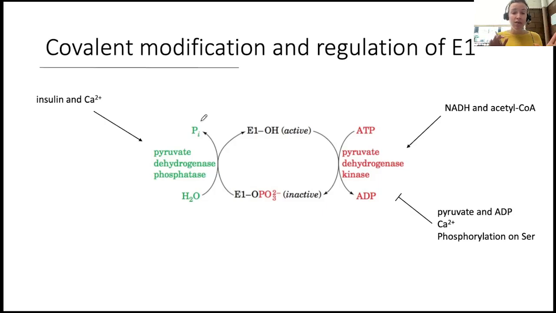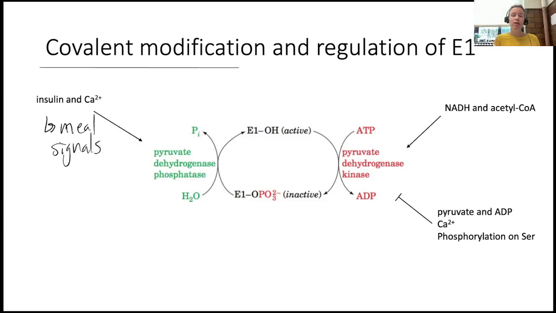And let's walk ourselves through a few of these examples. So, what turns E1 on? The phosphatase turns E1 on. The phosphatase itself is activated, see the activation arrow, activated by insulin and calcium. These are both meal signals.